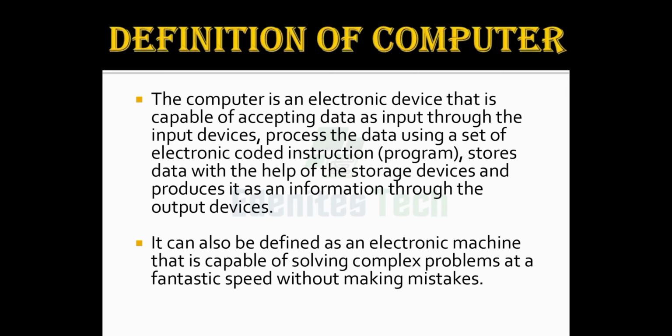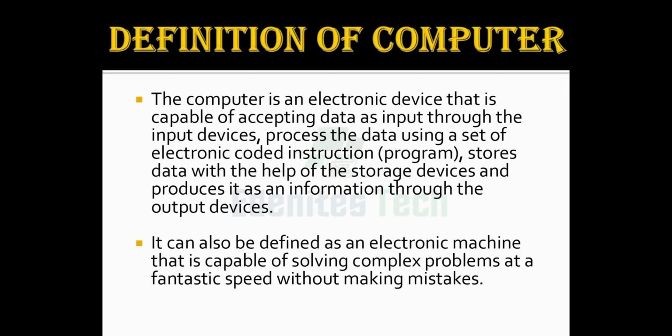From this definition, you could find out that we mentioned 4 key components of the computer system, which are the input devices, processing devices, the storage devices, and the output devices. Alright, so we are going to be looking at these devices in our subsequent series.